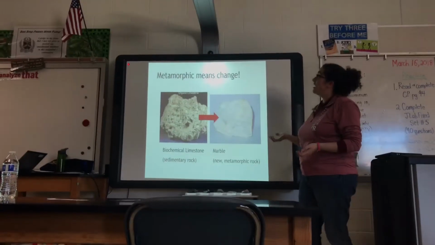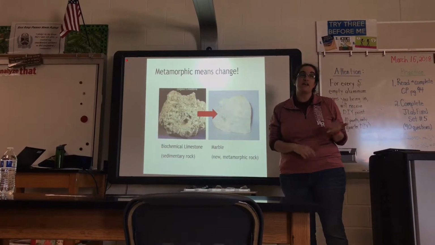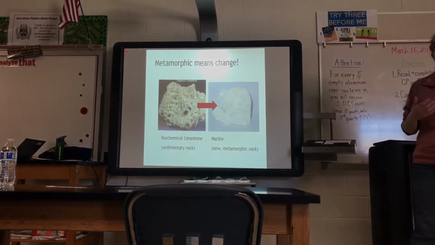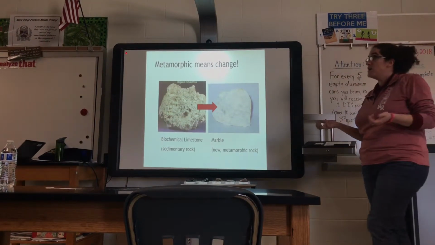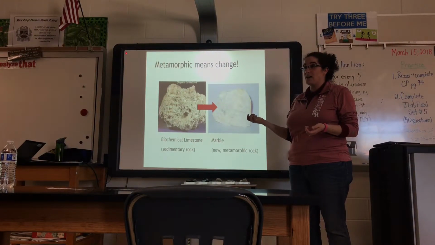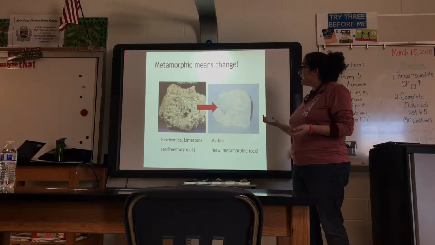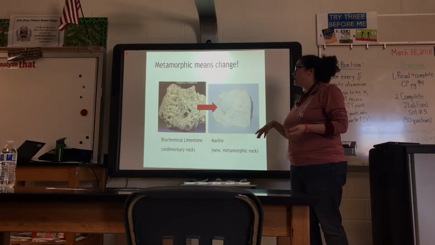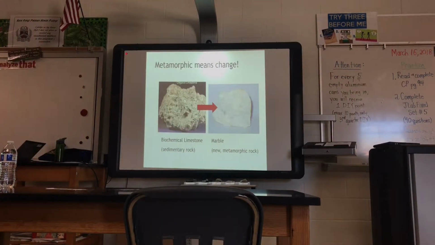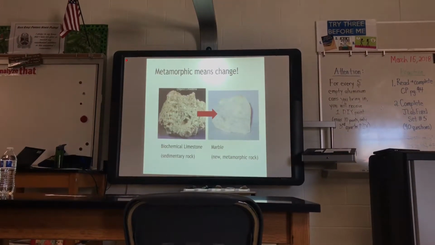Now, when we've talked about the other types of rocks, sedimentary and igneous, we were classifying them based on what they were made of. Metamorphic rocks are a little bit different because they're not going to be classified in that same way. Instead, metamorphic rocks are often classified using different means. So the first thing we need to know is how do we even get a metamorphic rock?